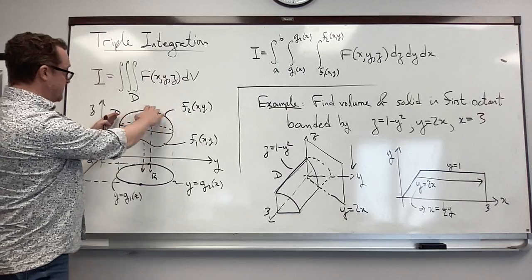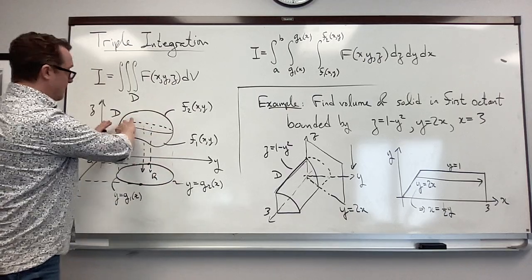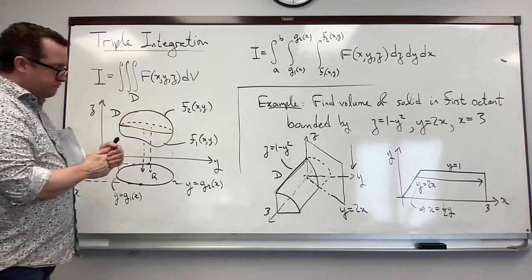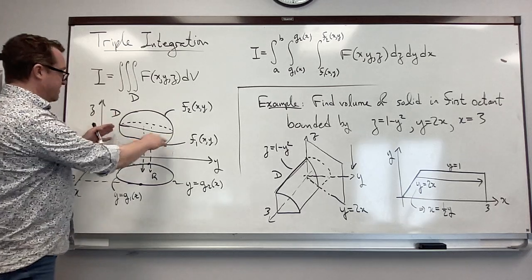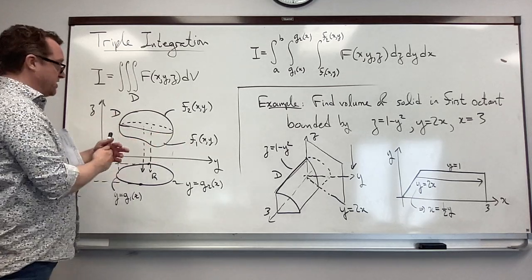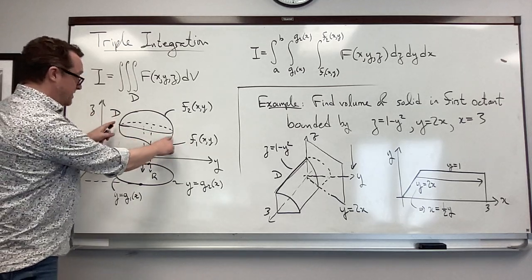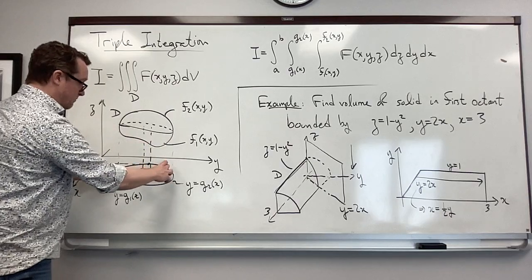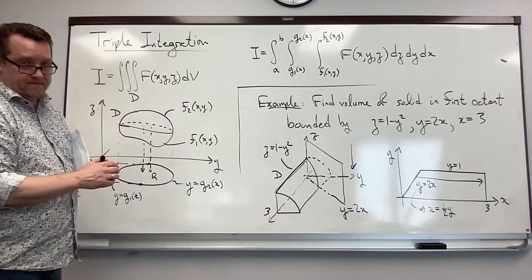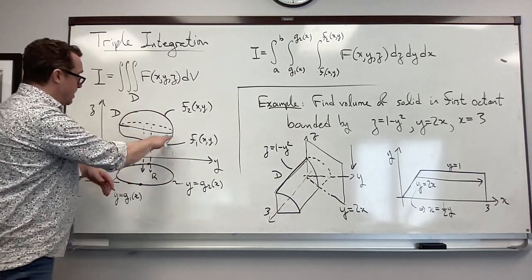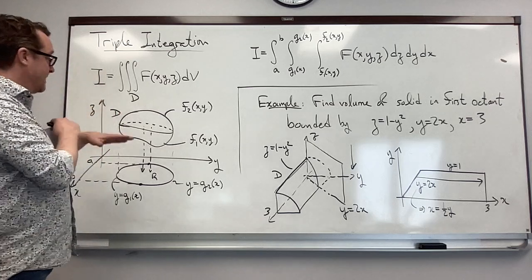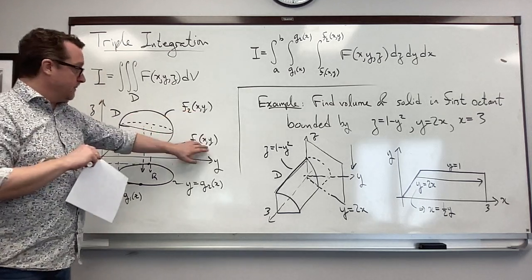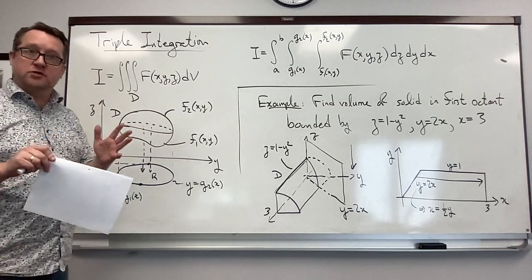It's a height z over the xy plane of the upper surface of the blob. The lower surface of the blob would be f1 of x, y. It's another function, a height of the lower surface over some region R in the xy plane. So the top and bottom surfaces are z's as a function of x and y. This is one way to look at it.